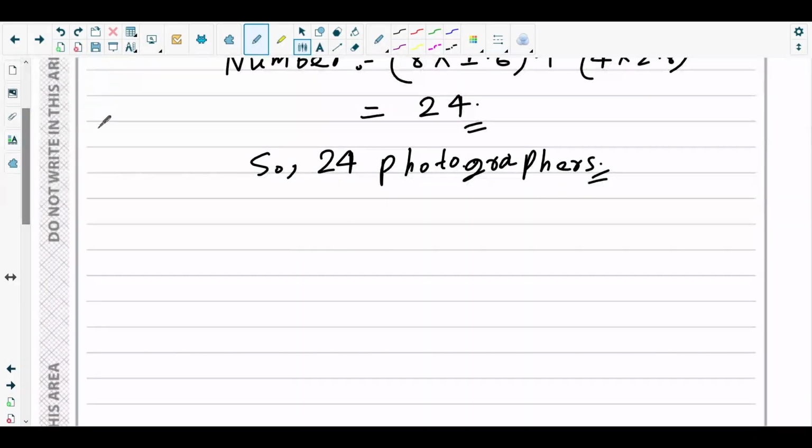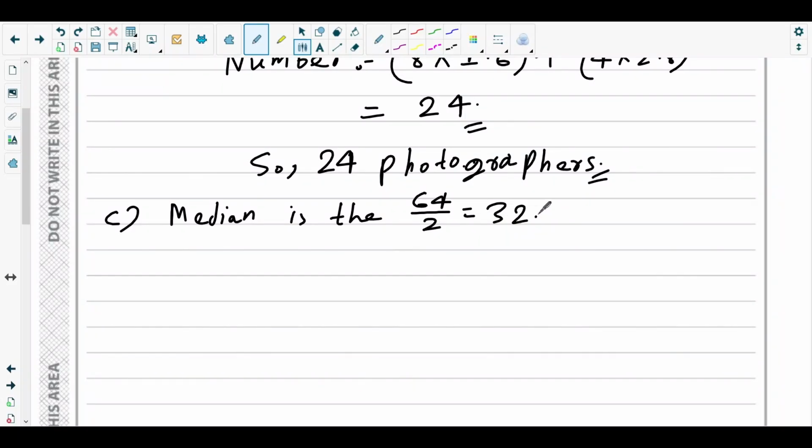Okay, so part C, median is 64 over 2, which is the 32nd data value, which lies in the class.